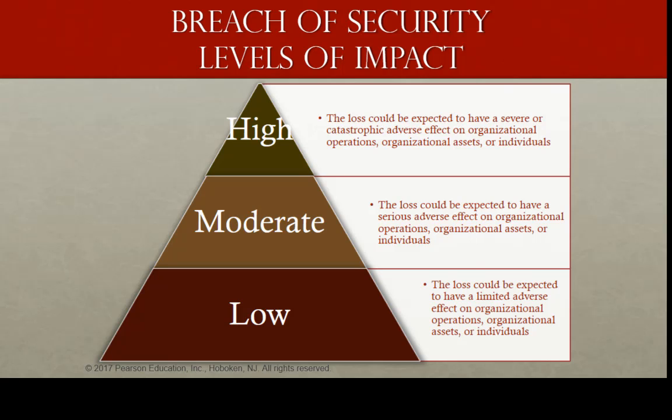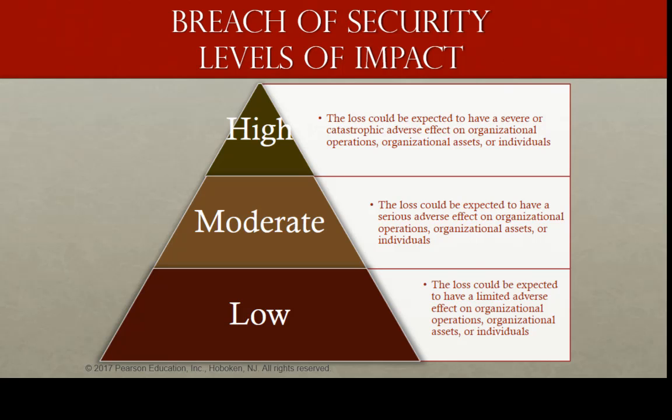And it may result in significant damage to organizational assets and result in significant financial loss, or perhaps result in significant harm to individuals that does not involve loss of life or serious life-threatening injuries.